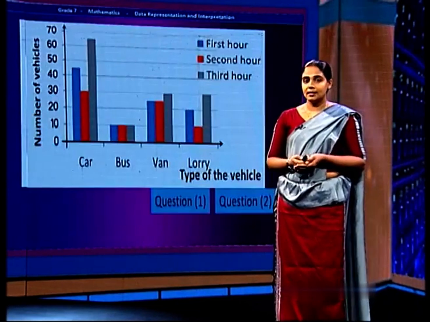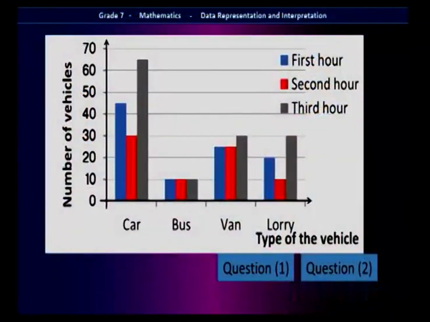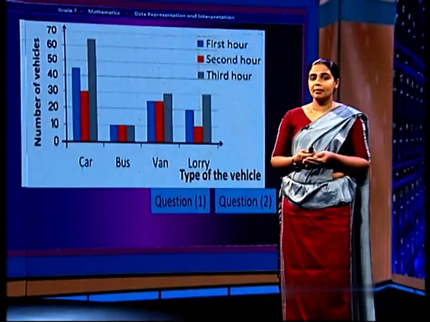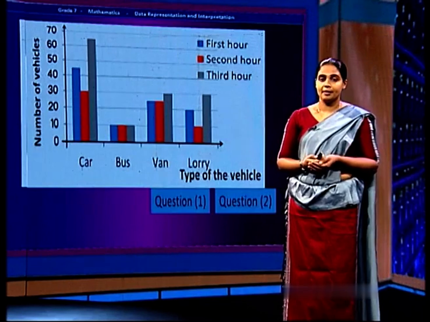Then you can see the drawn bar graph. The first hour is shown by the color blue, the second hour by the color red and the third hour is shown by the color black. Now you should read the bar graph. You learned how to read the bar graph, the multiple bar graph.